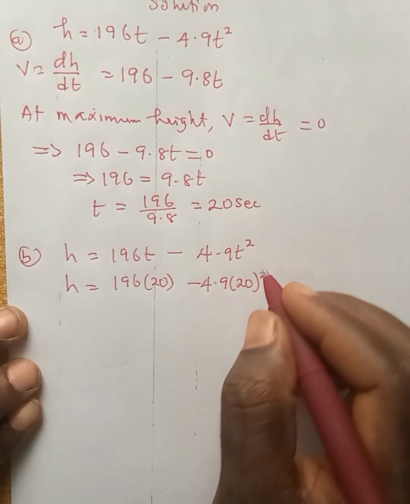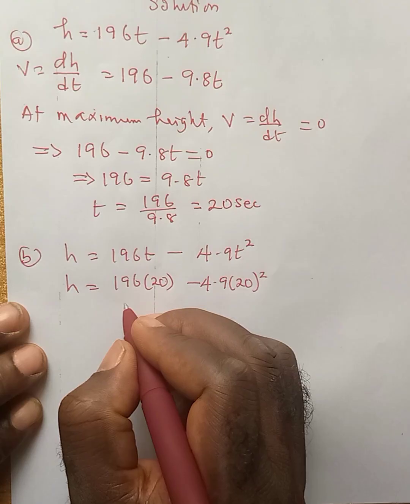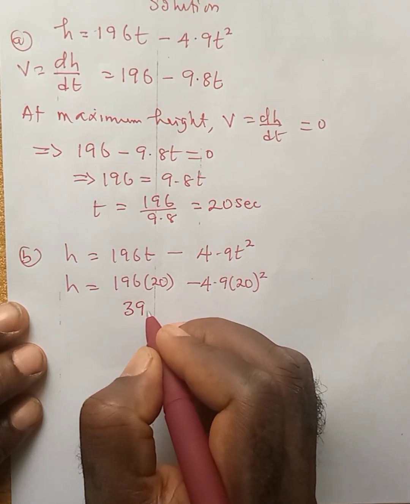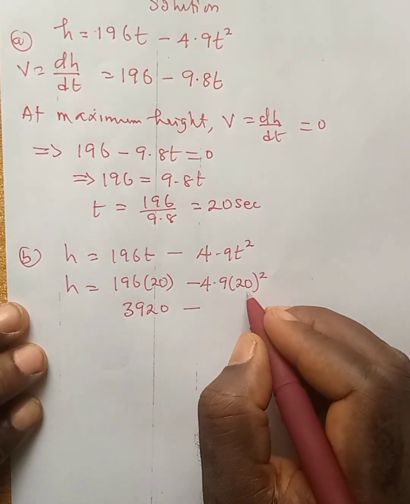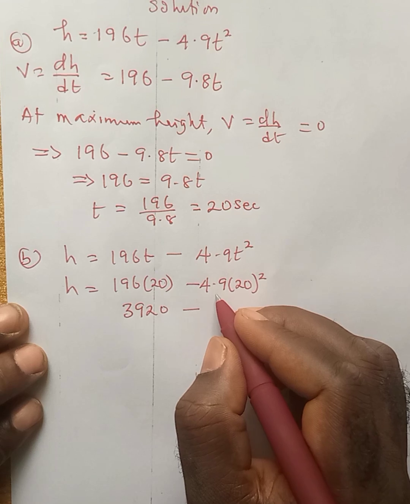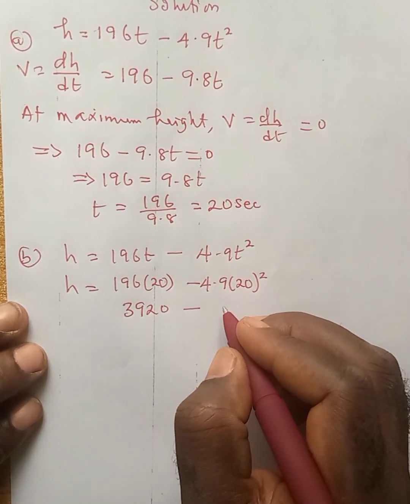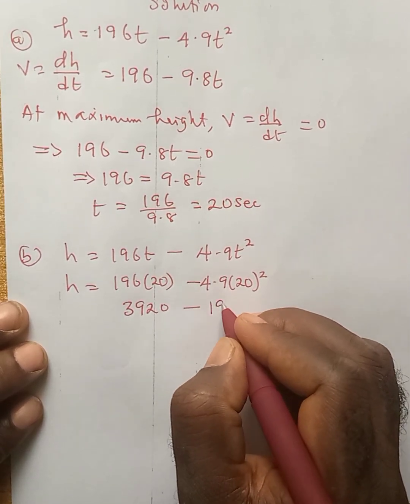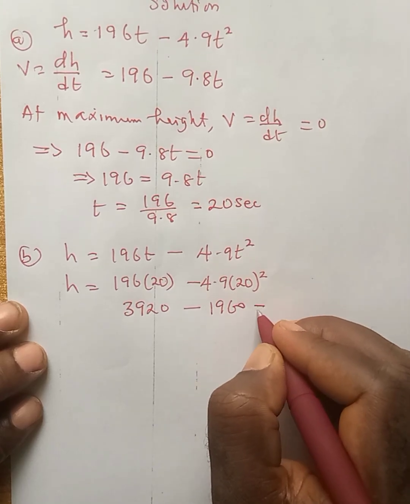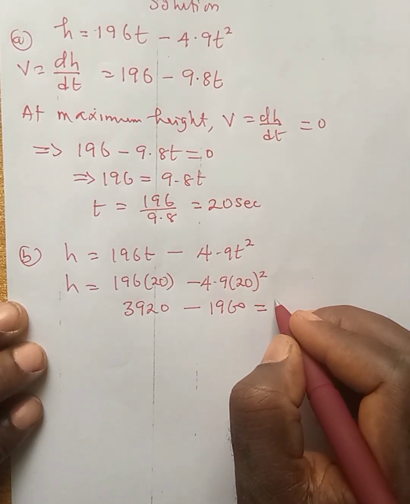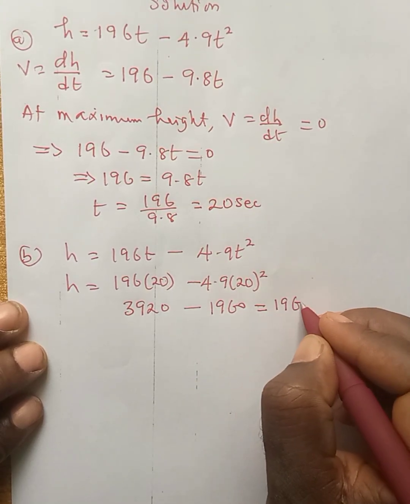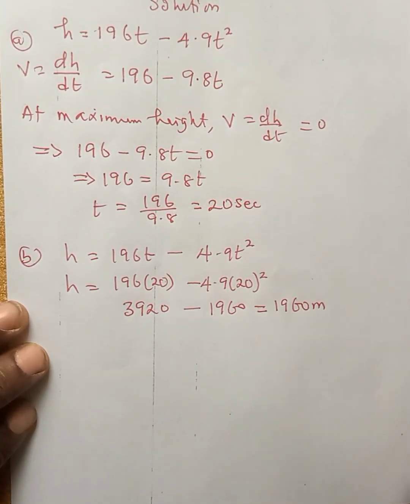Then from here, 196 multiplied by 20 will give us 3920 minus 20 squared multiplied by 4.9 will give us 1960. When we evaluate this, it will give us 1960 meter. Thank you very much.